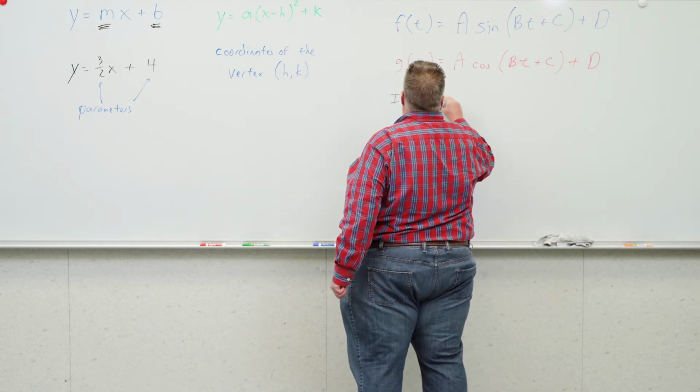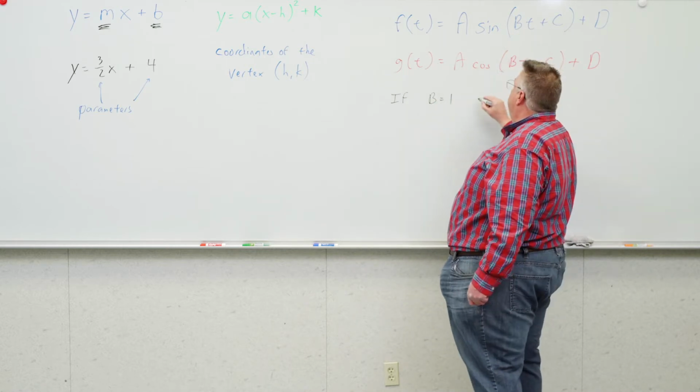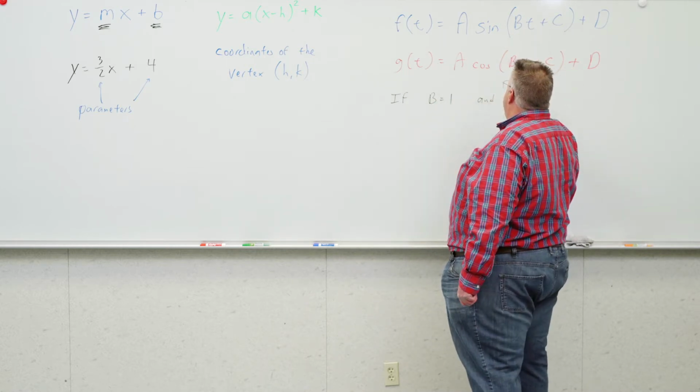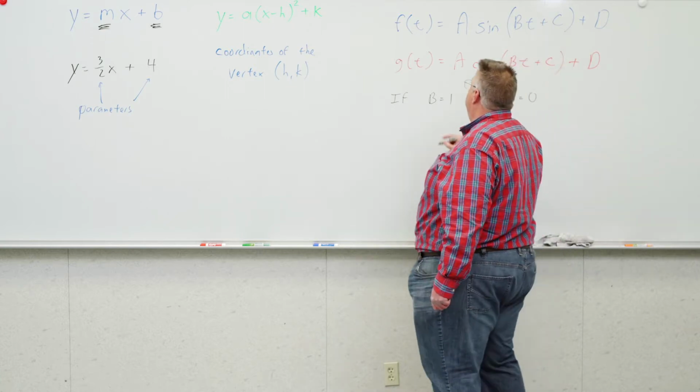If B is 1 times t, that 1's not really doing anything. And C is 0, adding 0 doesn't really do anything.